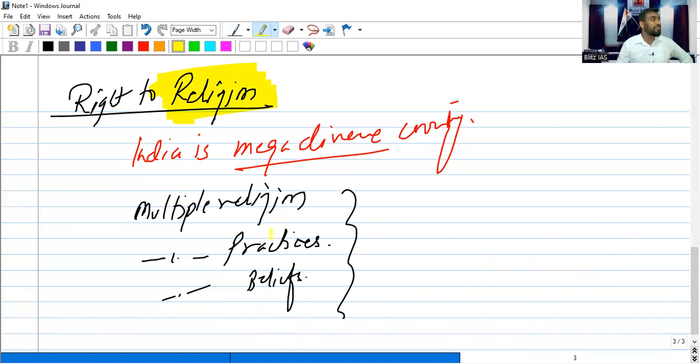Complexities in terms of morality, equality, freedom, privacy, health, well-being.